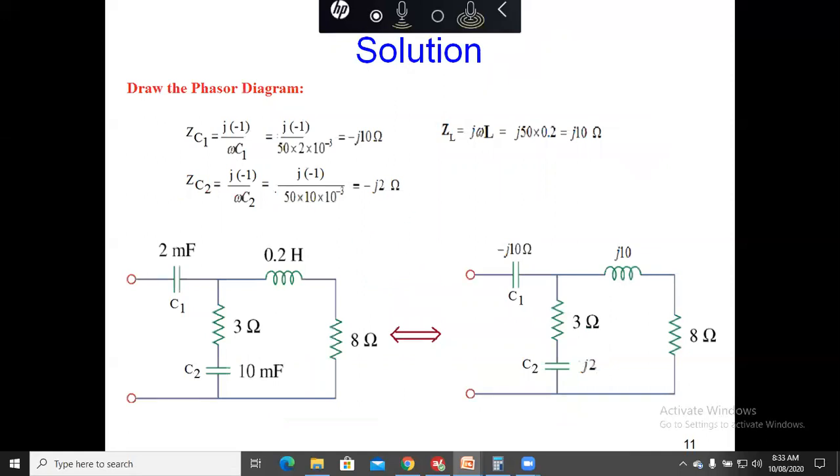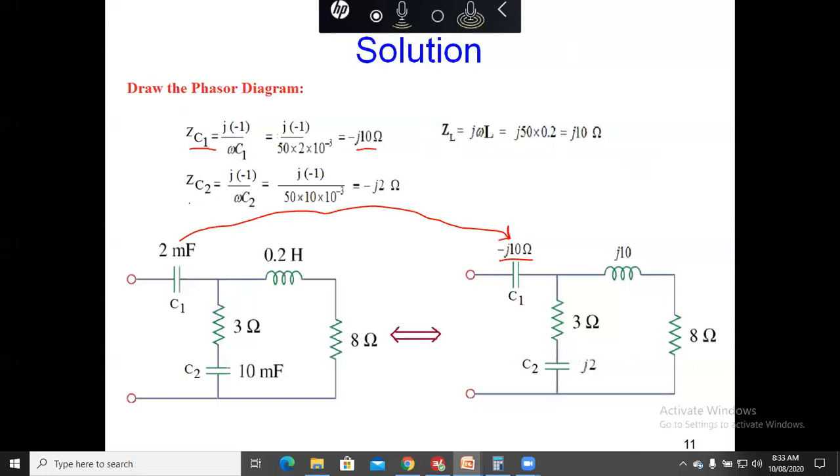So for ZC1, we have the value minus J10. This is converted into the phasor representation, right?